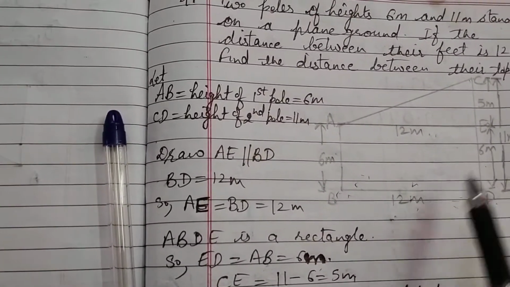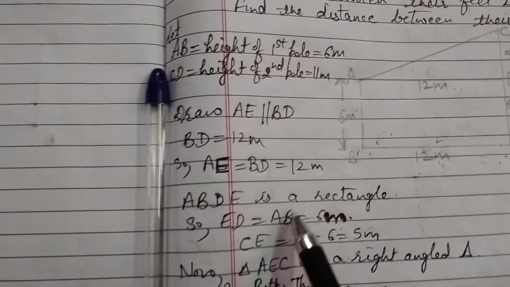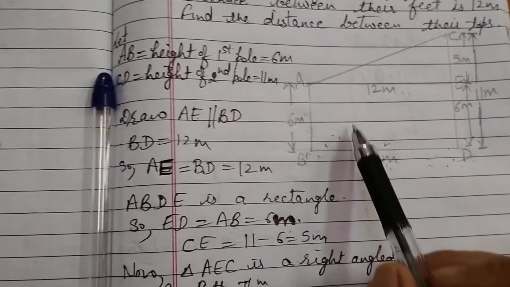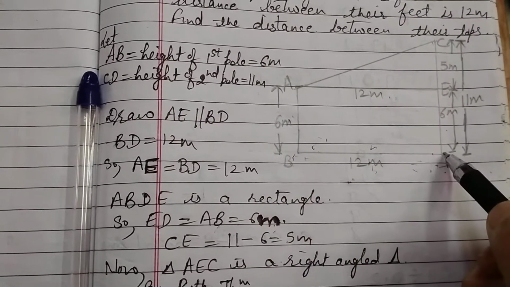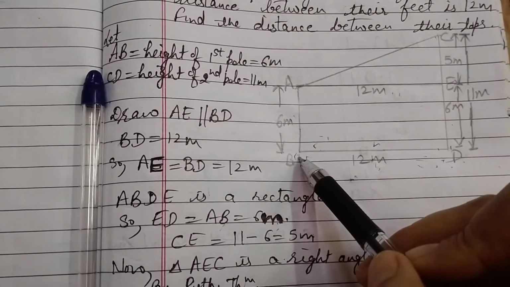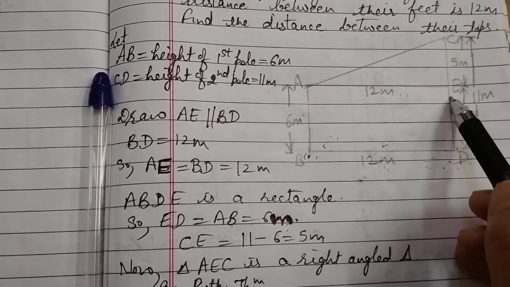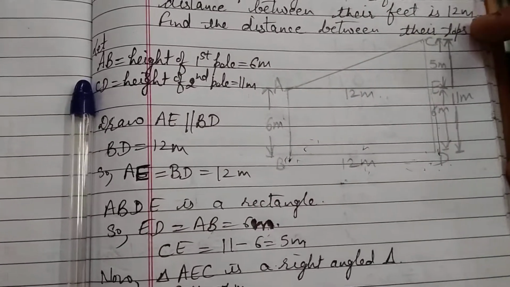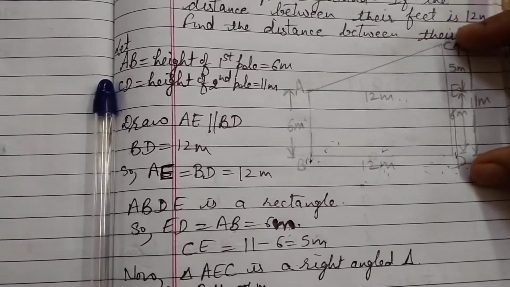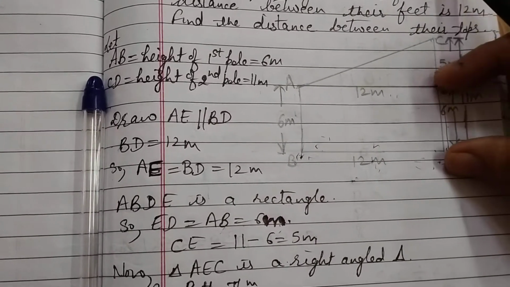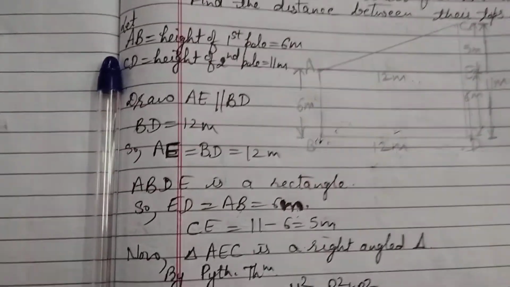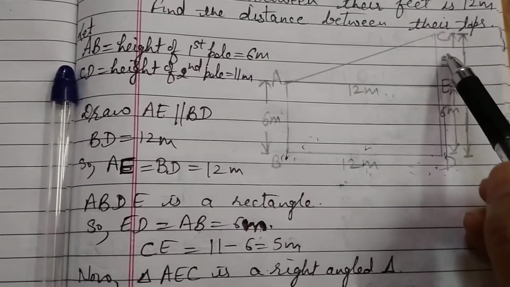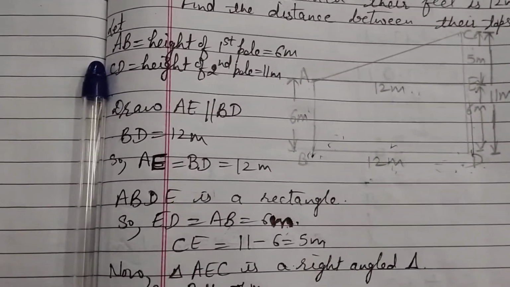So ED is equal to AB, which is 6, and the whole length is 11. Subtracting 11 minus 6, we get CE equal to 5 meter.